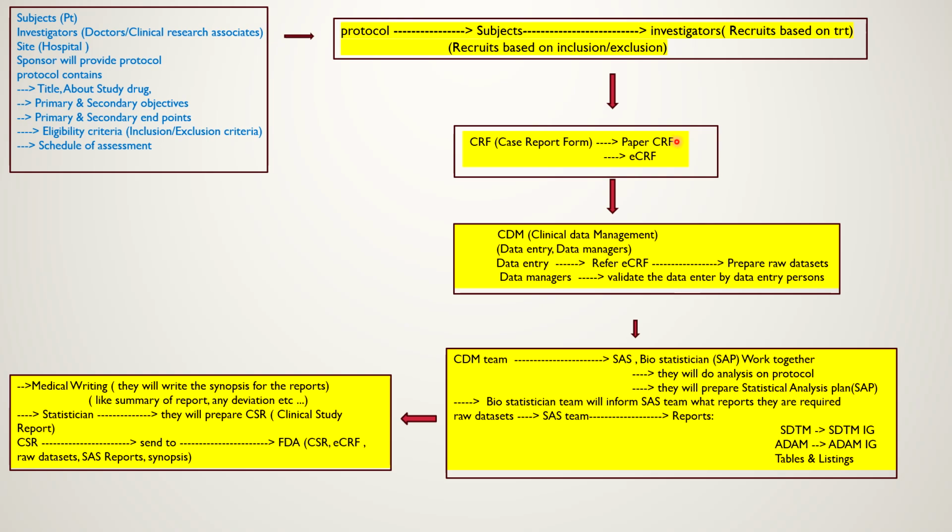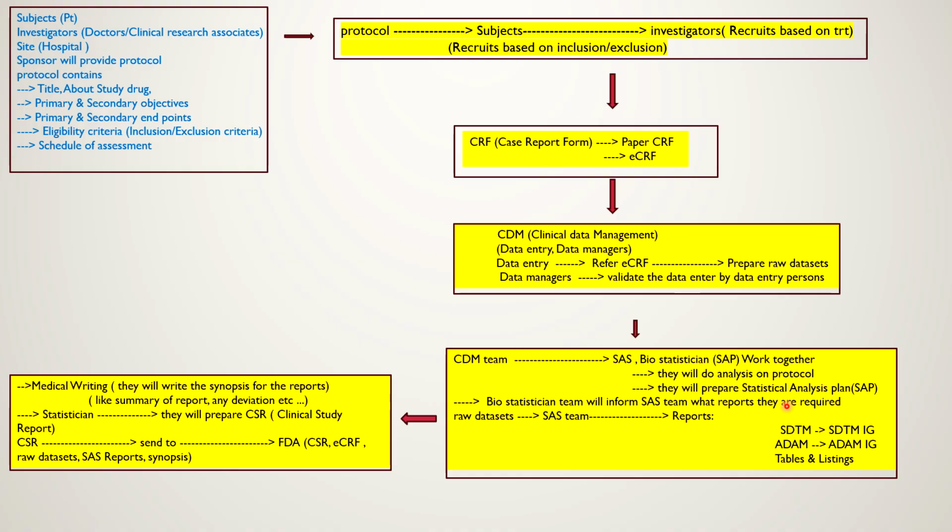Once the CRF is collected, the CDM people will collect the data and prepare the raw data. This raw data is also validated. Once the raw data is ready, we hand it over to the SAS team or biostatistician.